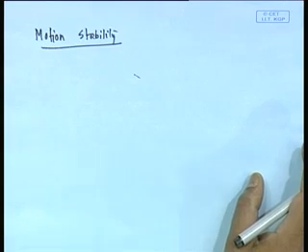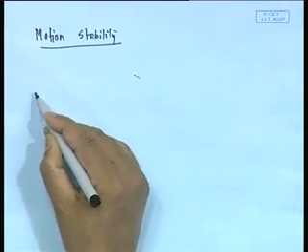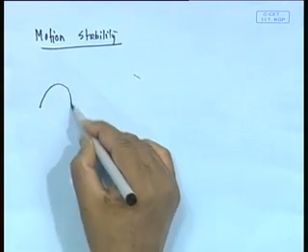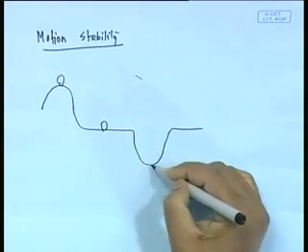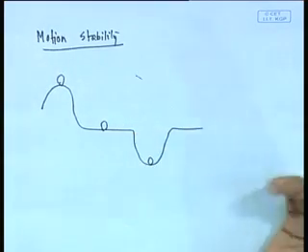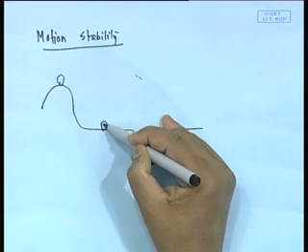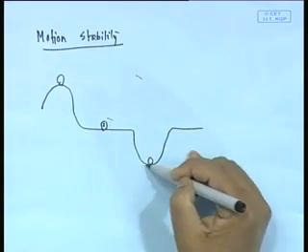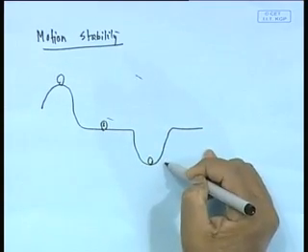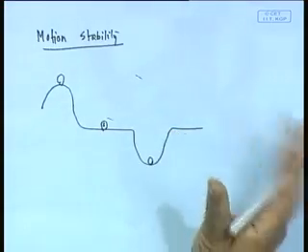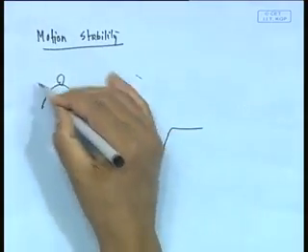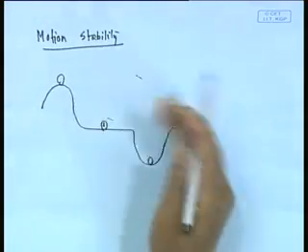We have all known this classical example of a ball here, a ball here and a ball here. If I displace the ball here from its initial position, it comes back, that is stable. This one I shift, it stays there, that is neutral. This one I shift, it displaces away from there, that is unstable.